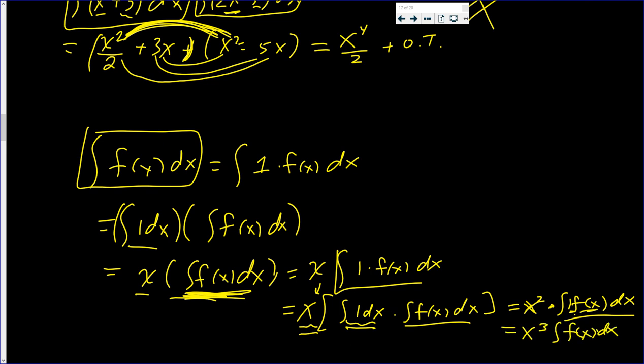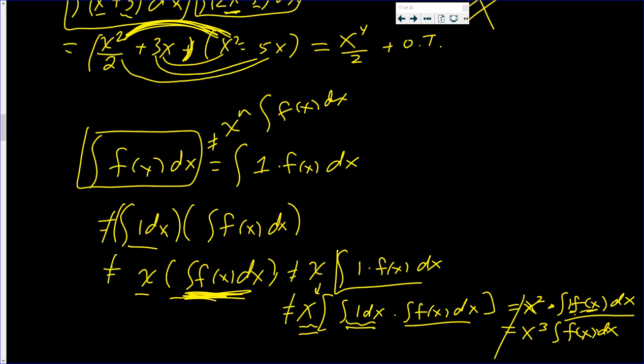That's absurd. You can't do this. This does not equal x to the n times the integral of f of x dx for any integer n. That's not true. You cannot do this. No, it doesn't work.